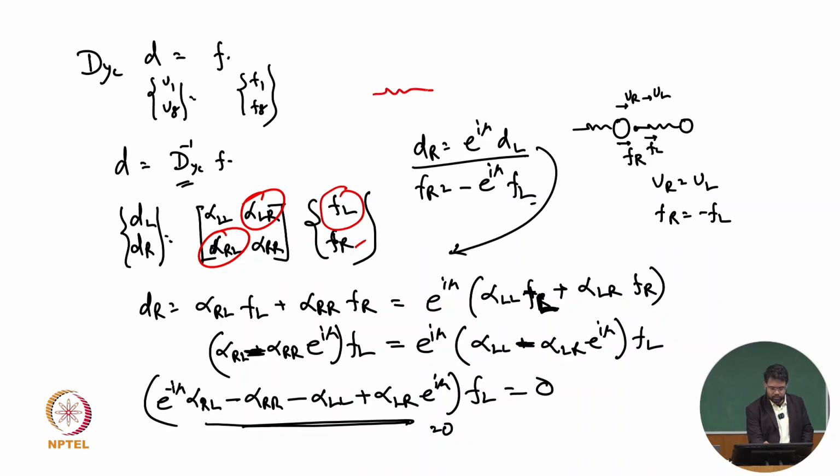Suppose L naught, R naught, I am applying a force here and how much displacement will I get here? That is alpha LR. And how much force I am applying at R and how much displacement I am getting at L is alpha RL. That's primarily how we can think.